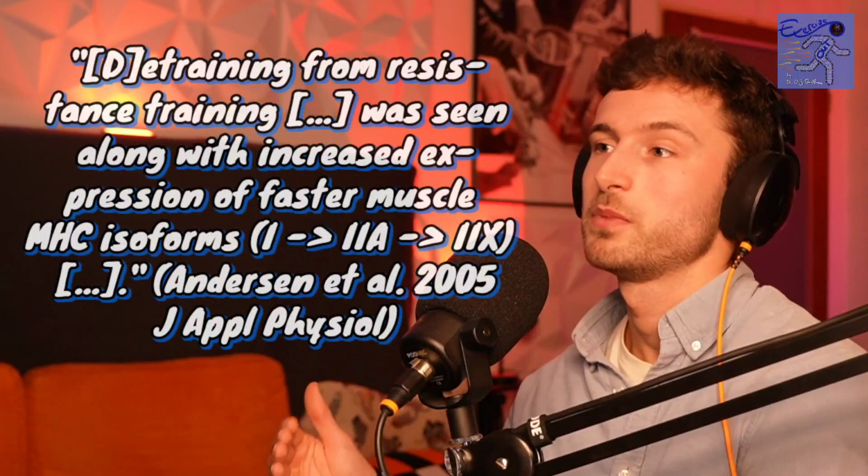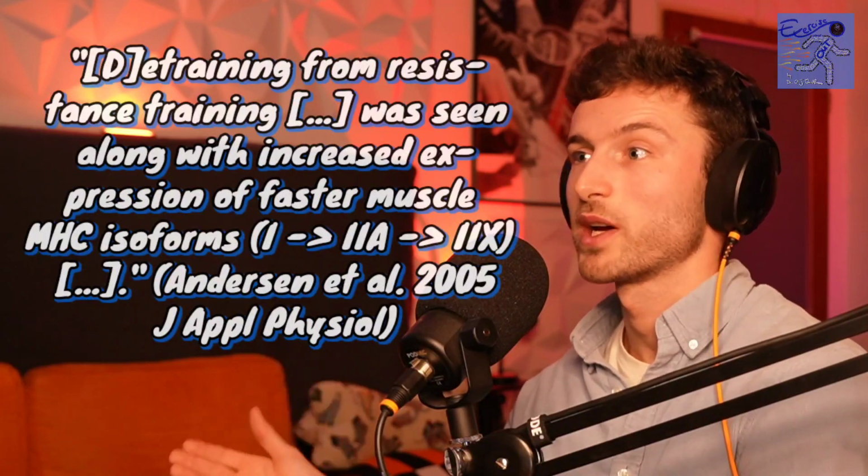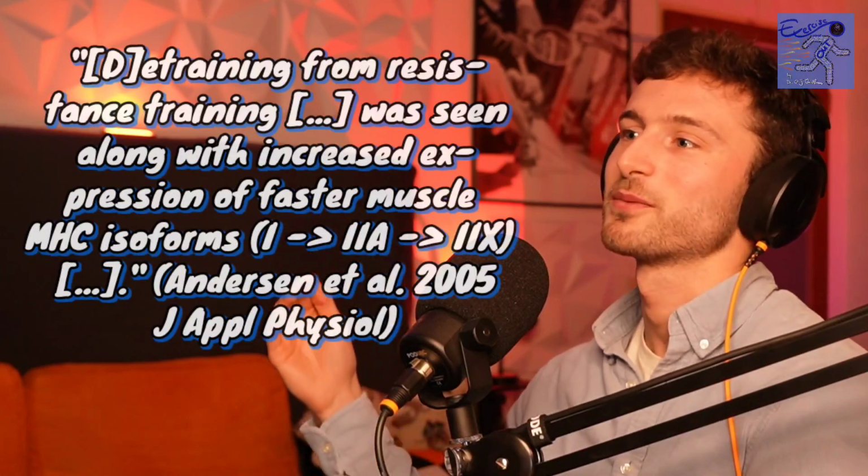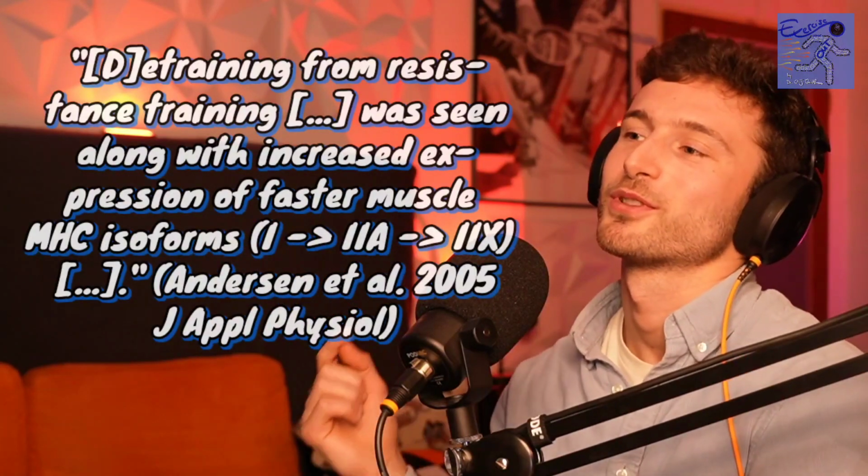Then they did 3 months of detraining, no training at all, and the ATPase-determined type 2X percentage increased to higher levels than pre-training levels. So the detraining increased the type 2X percentage, based on this ATPase method.